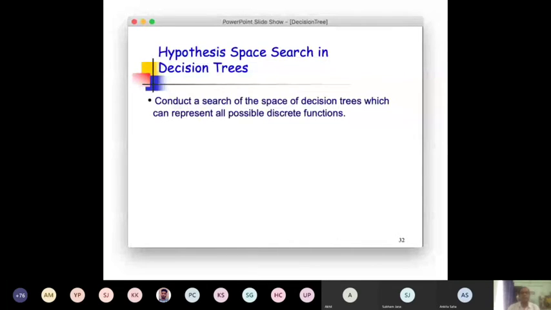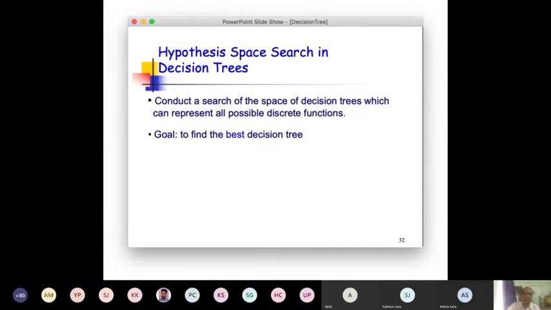You see that what you are doing here is conducting a search for a hypothesis in the hypothesis space, and in the hypothesis space you have all possible tree structures of a decision tree, which represent all possible target functions in the form of Boolean expressions.